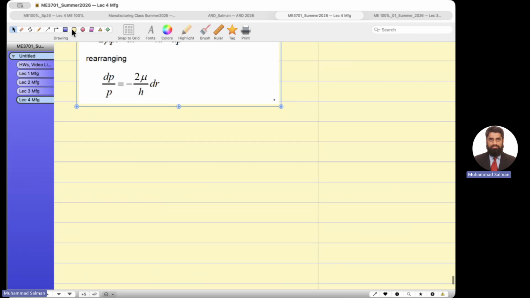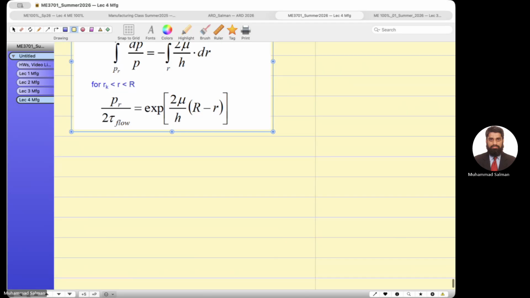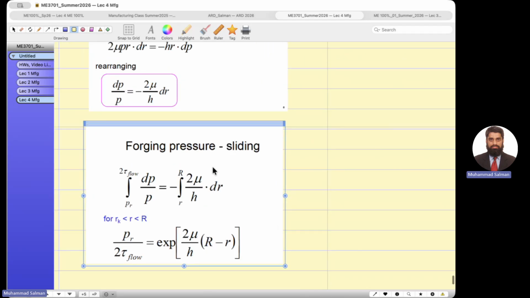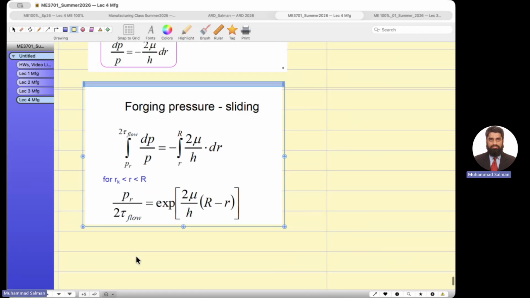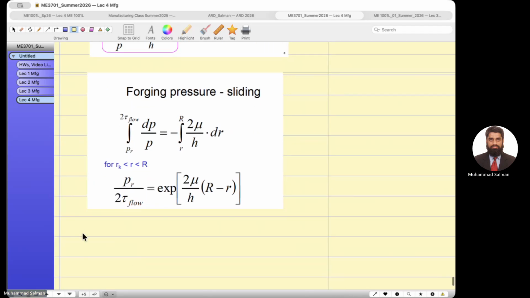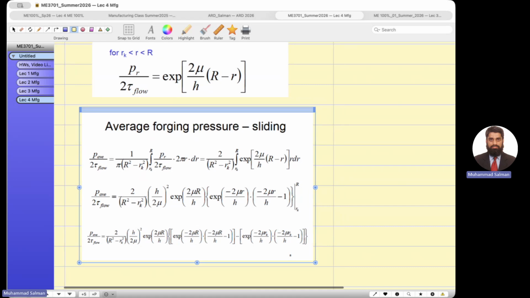So here you can integrate it to find out the transition point. This is our instantaneous pressure, average pressure.